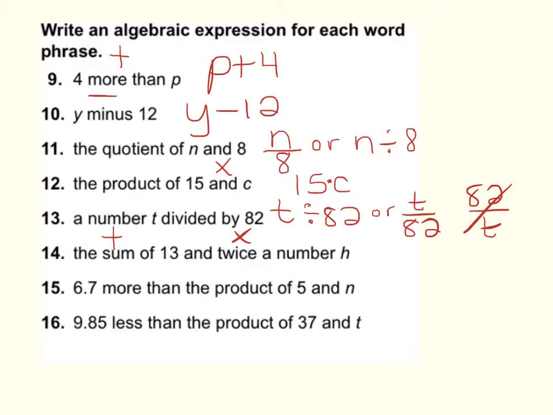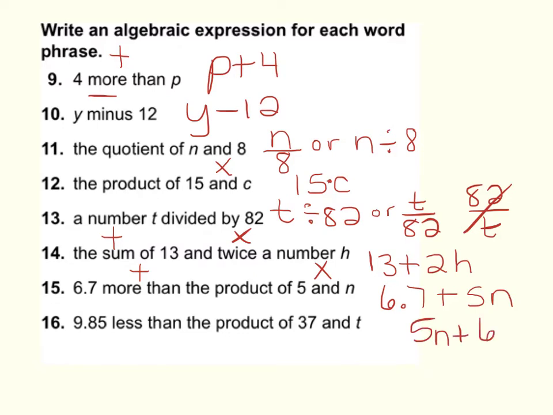So we want the sum of 13, so 13 plus something, 13 and twice a number H, so 2 times H. This next one is very similar: 6.7 more than the product of 5 and n. Product means to multiply, so we multiply 5 and n, so 6.7 more than 5 times n. You could flip this around to say 5n plus 6.7. That one is the same thing.